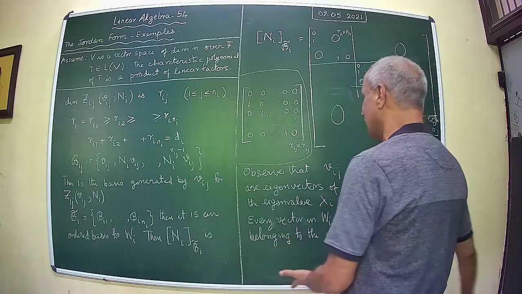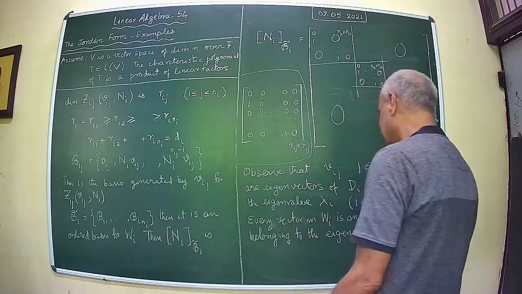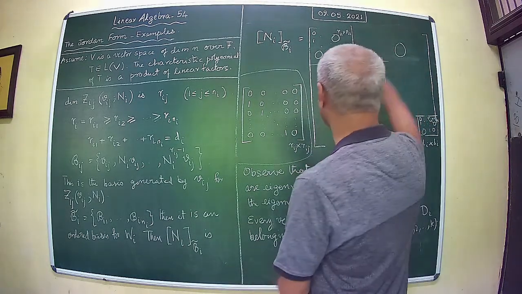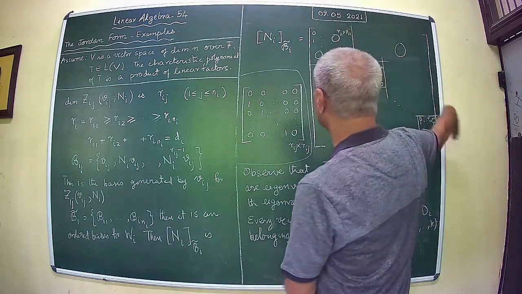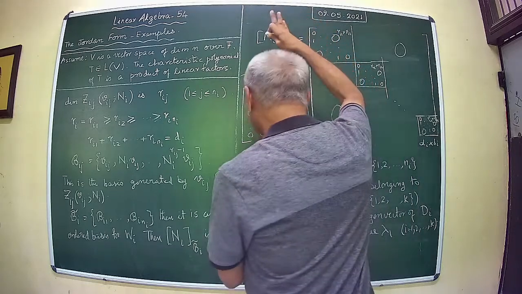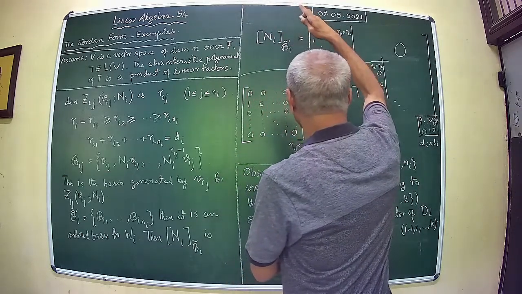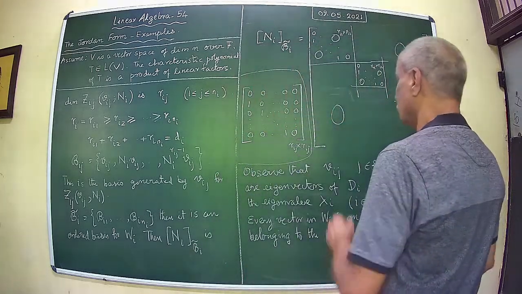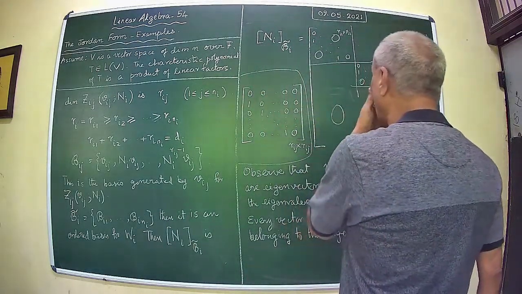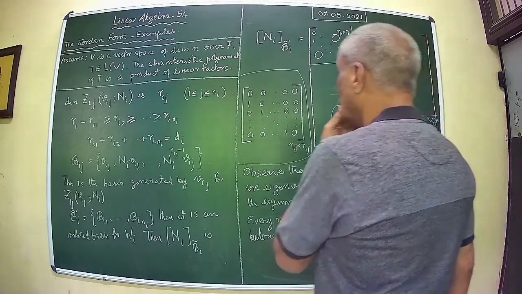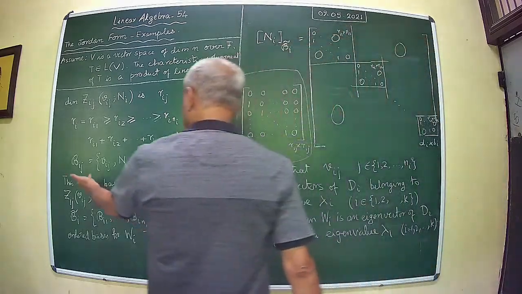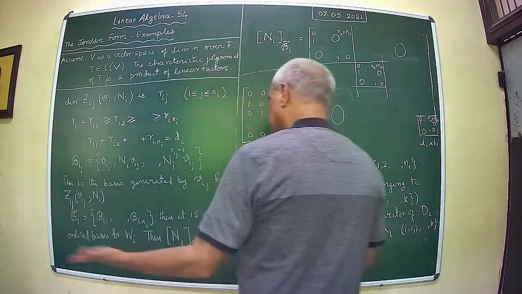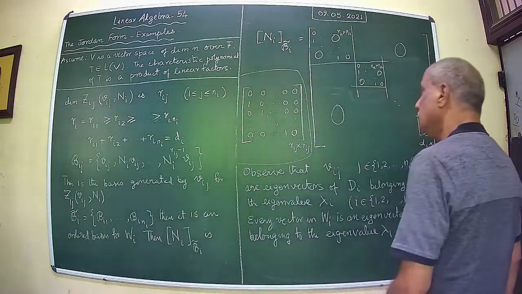It is diagonal, with all diagonal entries being lambda i. So it doesn't matter what basis you choose for Wi. What we are going to do is choose a basis for Wi, starting from working with the Vij's and putting them together. They are all in Wi.